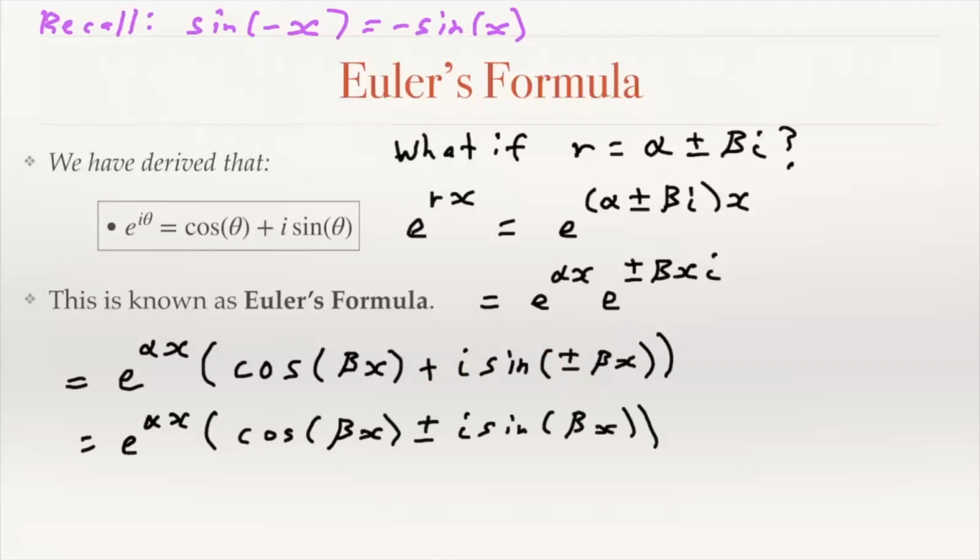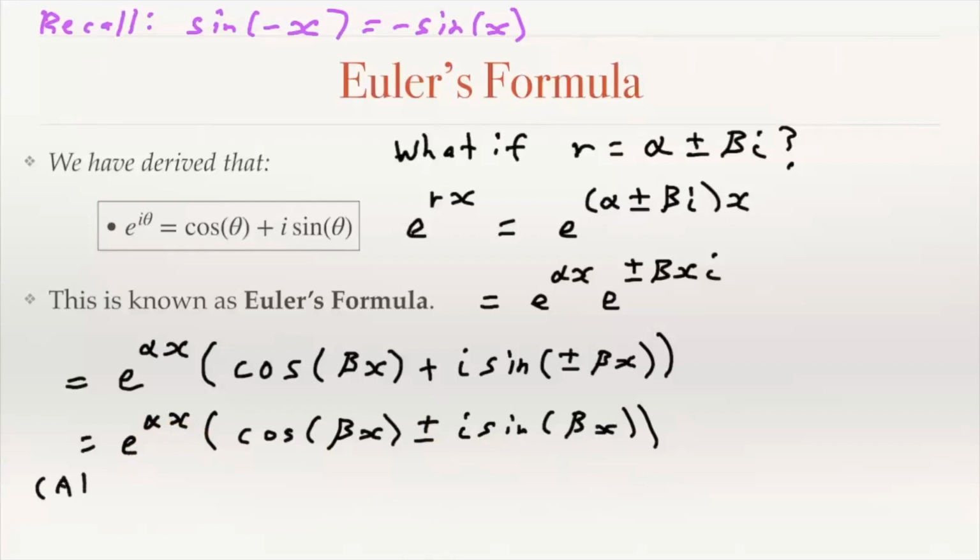And that's true if we were solving differential equations over complex numbers. This is a perfectly valid way of writing the two linearly independent solutions. However, we want solutions over real numbers, and the thing is that we can combine the two solutions and scale them by i in order to isolate the e to the alpha x cosine beta part and the e to the alpha x sine beta part.